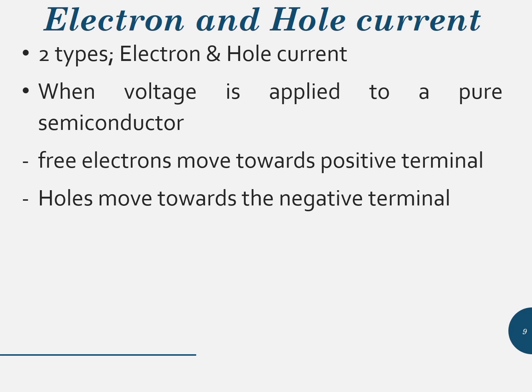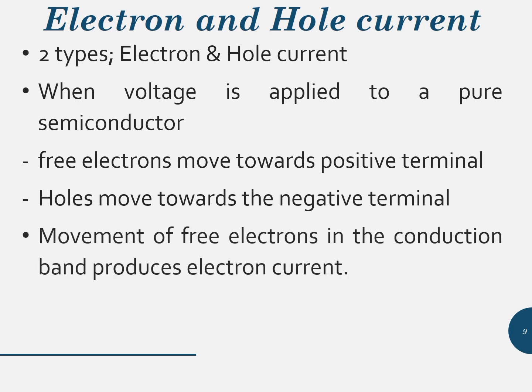This movement of free electrons in the conduction band is one type of current in a semiconductive material, and it is called electron current. Another type of current occurs in the valence band where the holes created by the free electrons exist.